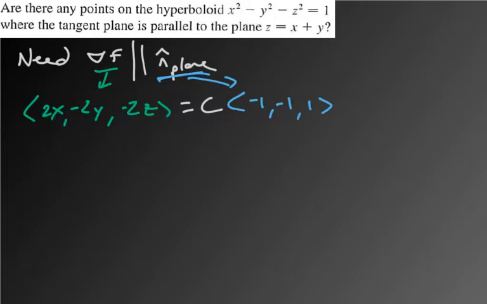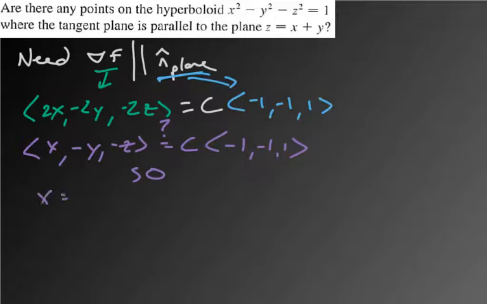So really the problem becomes, can x, minus y, minus z equal c times -1, -1, 1? That would mean that x needs to equal -c, y needs to equal c, and z needs to equal -c. So we want to know, are there points x, y, and z here on this hyperboloid?